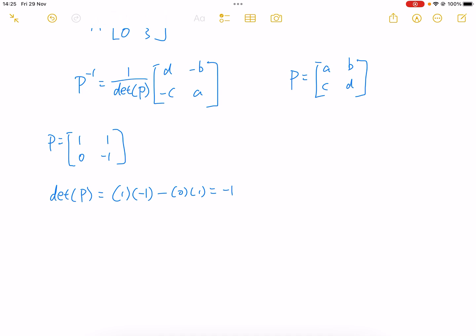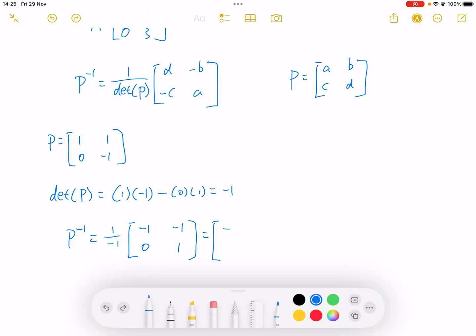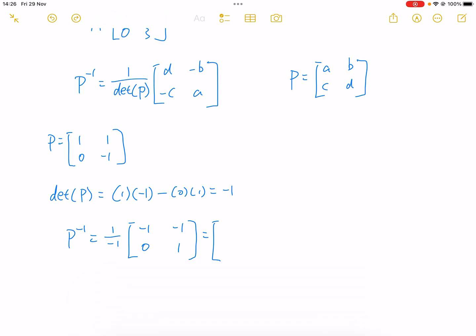Now we can substitute into the formula. P inverse equals 1 over negative 1 times negative 1, negative 1, 0, 1. Then we get the matrix for P inverse, which is 1, 1, 0, negative 1.